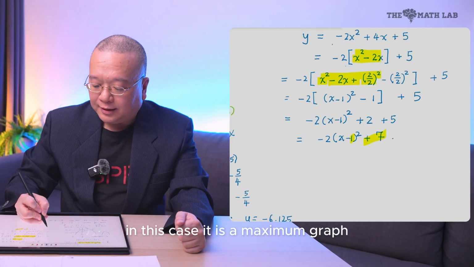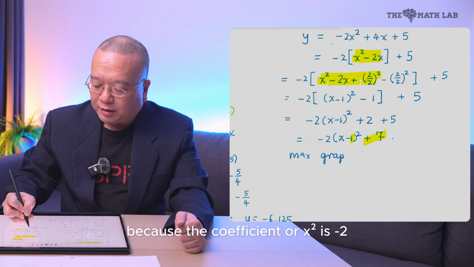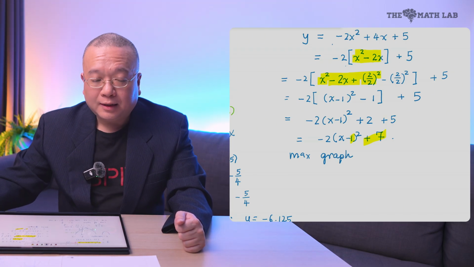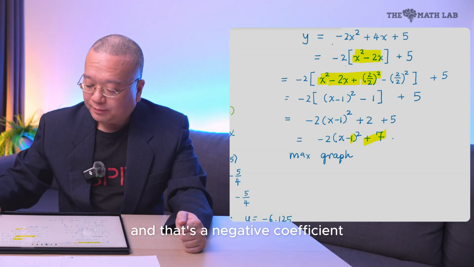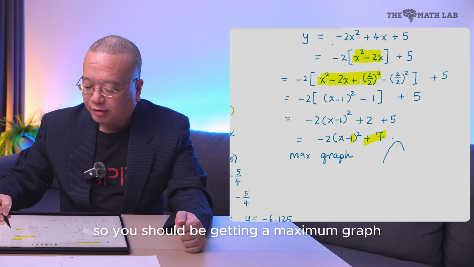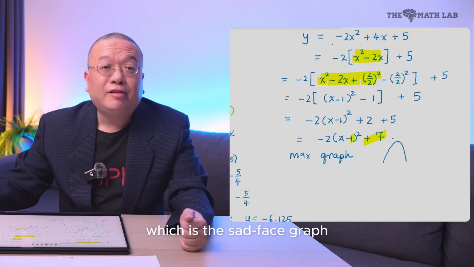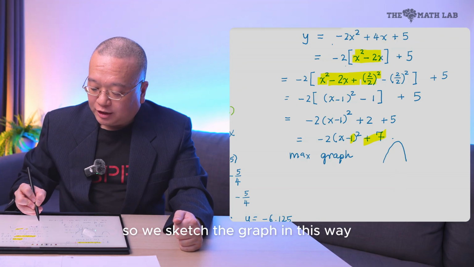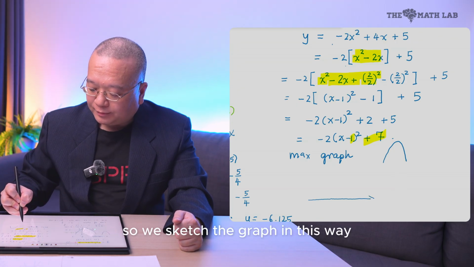In this case, it is a maximum graph because the coefficient of x squared is negative 2, and that's a negative coefficient. So you should be getting a maximum graph, which is the sad face graph, a graph of this shape. So we sketch the graph in this way.